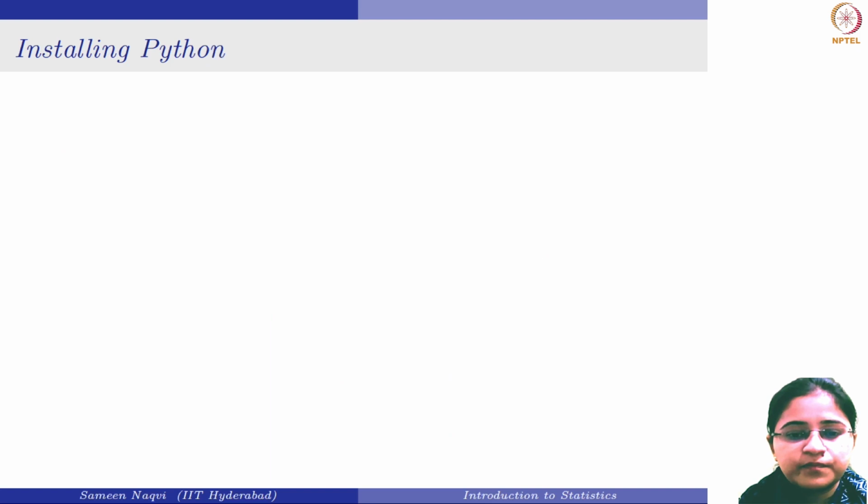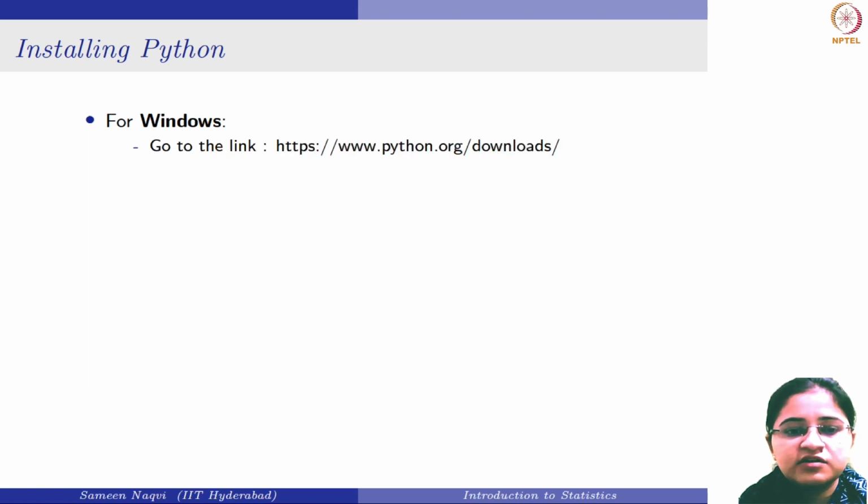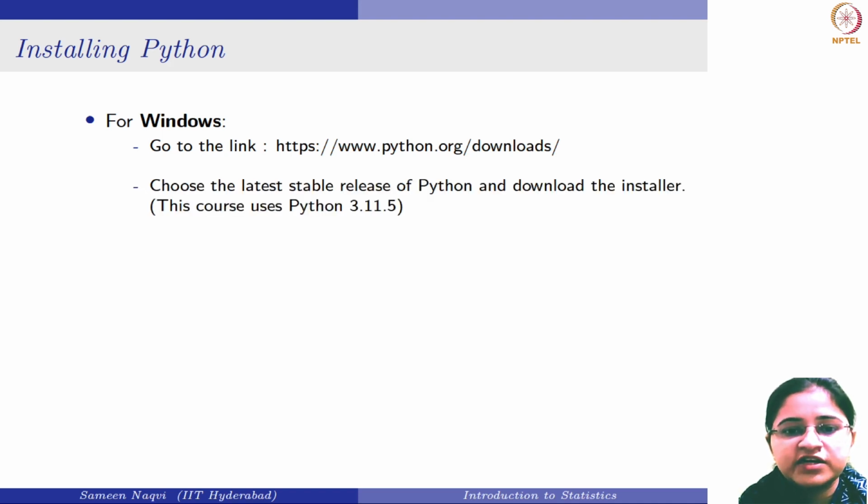As we know, Python is a high-level programming language known for its simplicity and readability. If you are using Windows, you first go to the website of Python, and in the download section you will find the latest release. In this course we will be using Python 3.11.5, so you can install that.